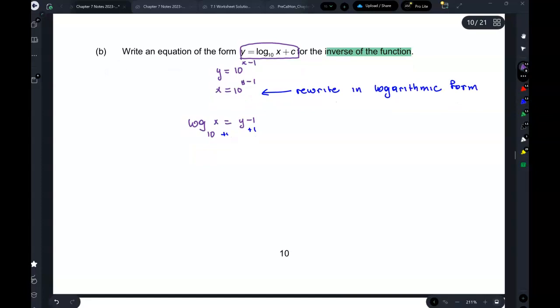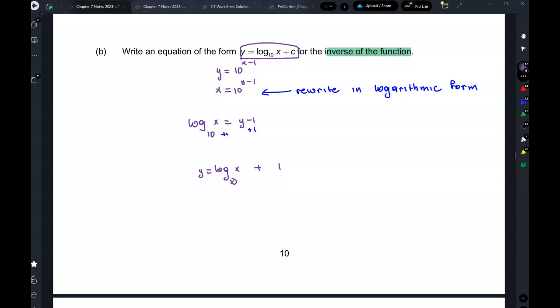So I get that y is equal to log base 10 of x plus 1. And I'm writing them out separated like that. Normally I wouldn't, just to reinforce the point that log base 10 of x is 1 unit, plus 1 is another unit. They don't add to each other, okay?